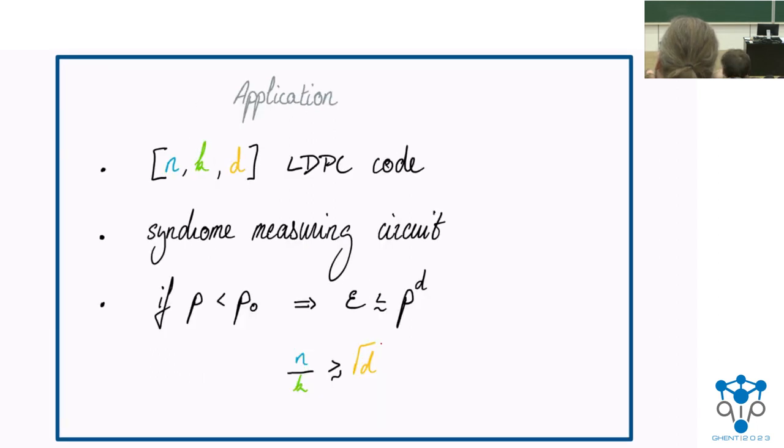An application of this result is the following. If you're unfamiliar with quantum codes, we do speak of them often in terms of n, k, and d. N is the number of physical qubits, k is the number of logical qubits, and d is, once again, a parameter that quantifies how well you can suppress errors. If you have an LDPC code and you want a constant depth syndrome measuring circuit, we know that under a certain noise level, measuring the syndrome is enough to be able to correct errors.